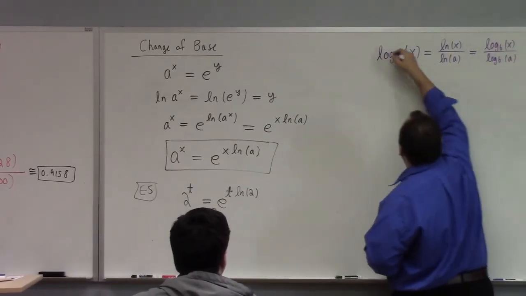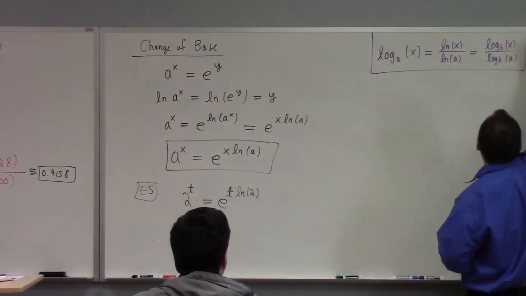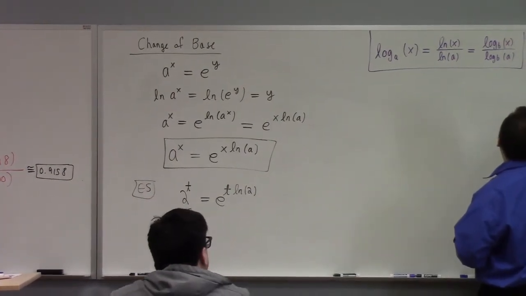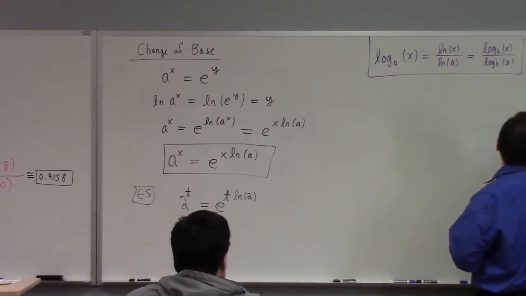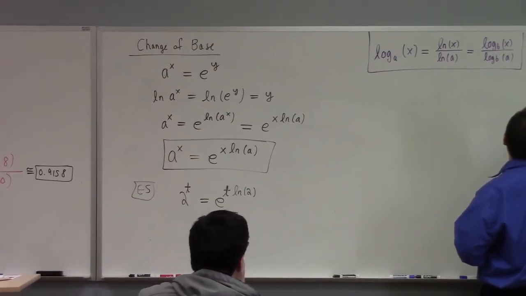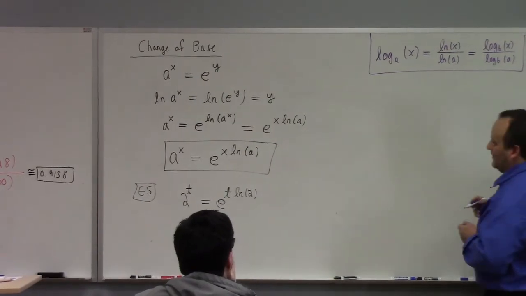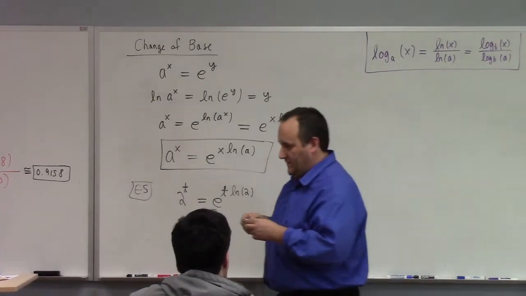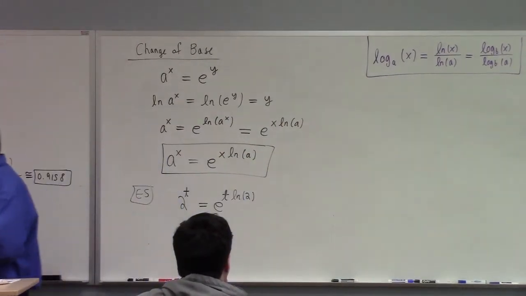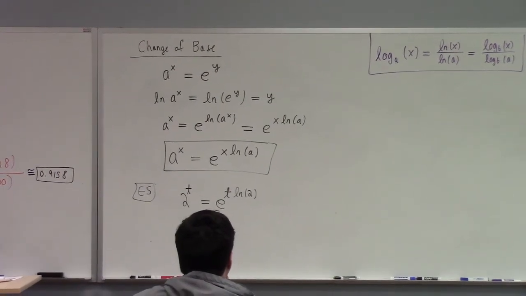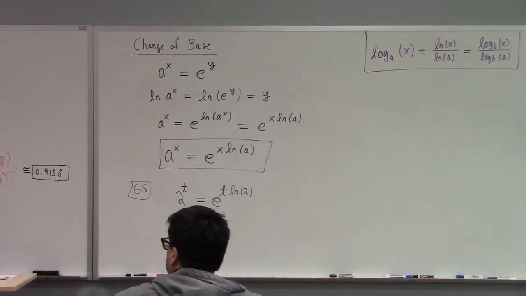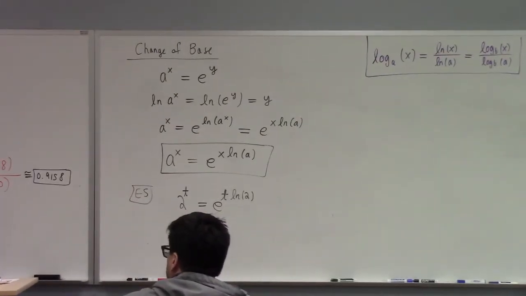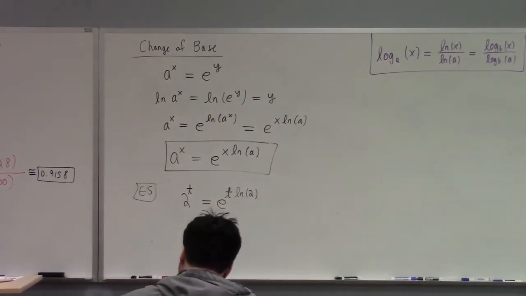So these are the change of base formulas for the logarithm. And this is pretty important because if you're like me, you can't figure out how to use the log base 7 on your calculator. There is a log base 7 in this thing, but I don't know how to use it. I hit the log button and it just shows up log.